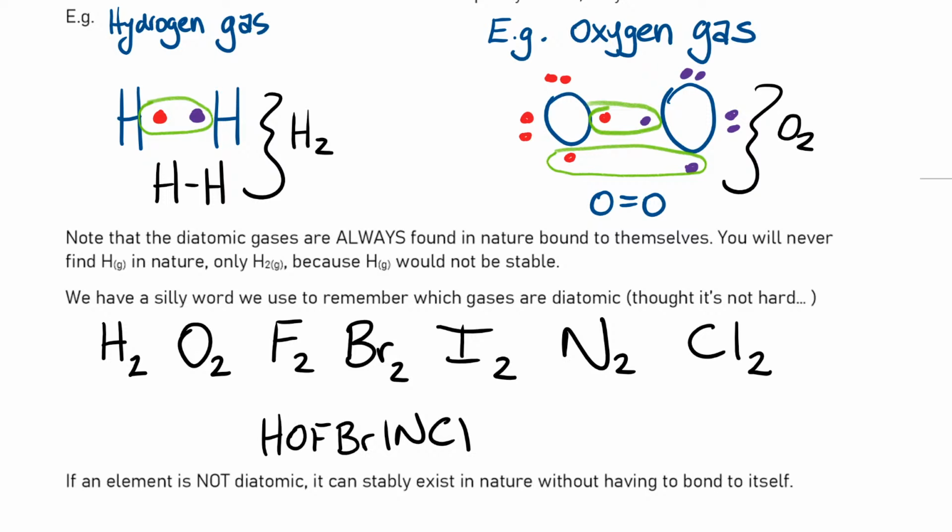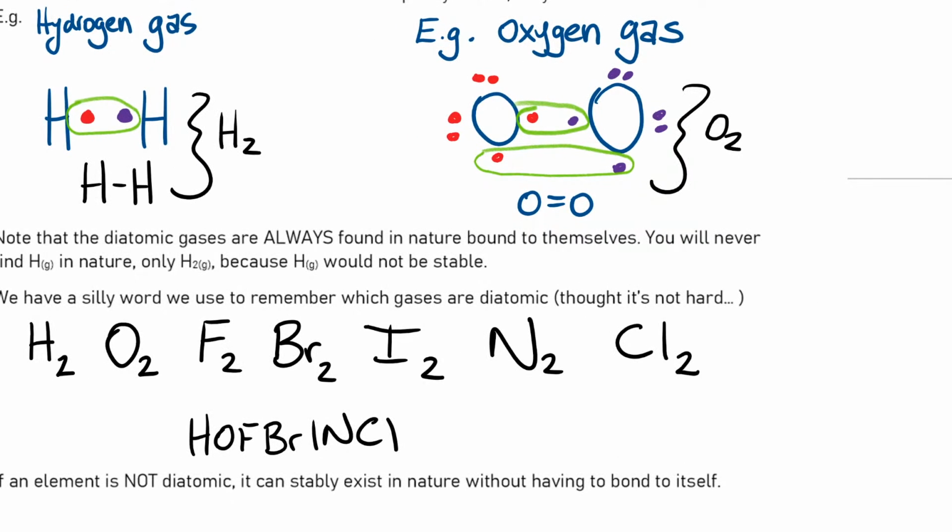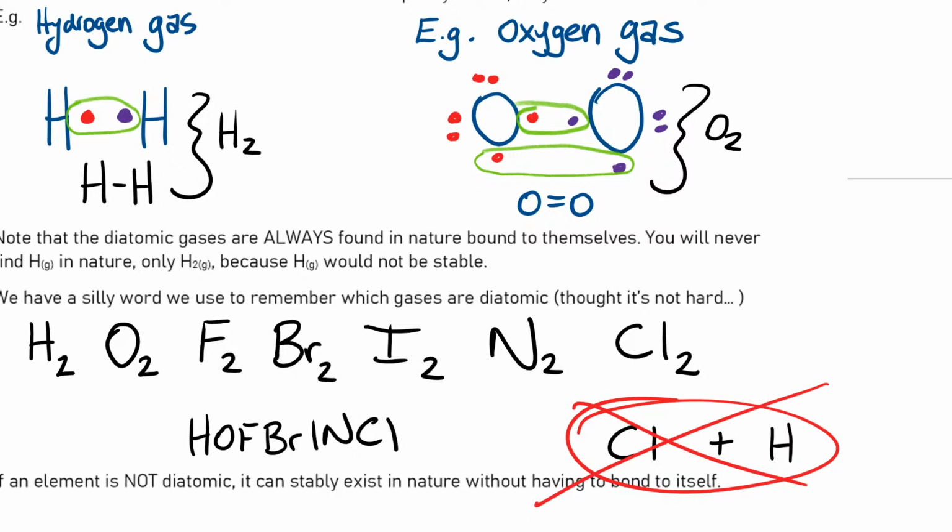When we do a reaction, if we said chlorine reacts with hydrogen, you couldn't say Cl plus H. That would be wrong, because there's no such thing as just chlorine in nature. Chlorine atoms are way too reactive to exist in nature. There's no such thing as H in nature. That wouldn't exist. You don't see it.